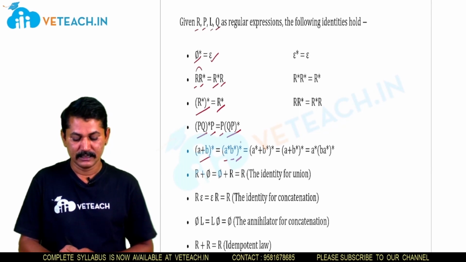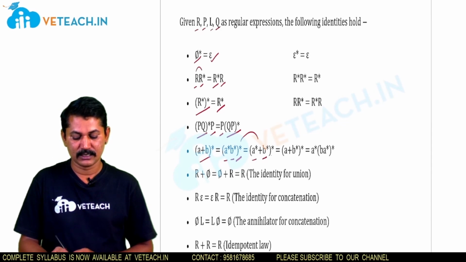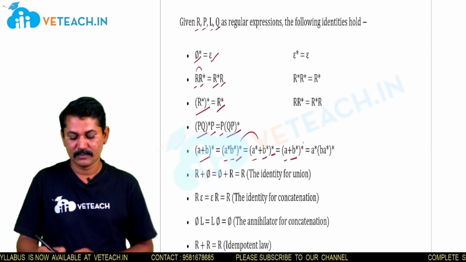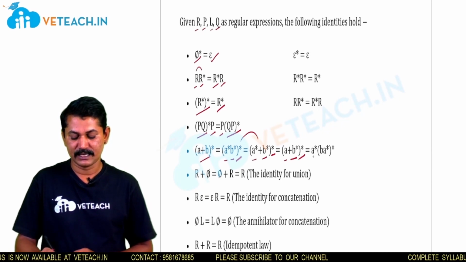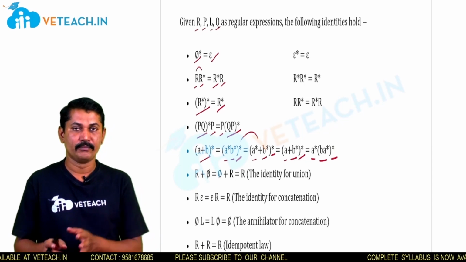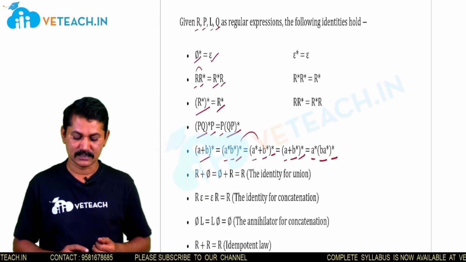Next one, this can be written like this: (A closure B closure) closure, or (A closure + B closure) closure. Next one is A star, (BA star) star. Instead of mentioning the star mark as the closure, we can define it as the star also.